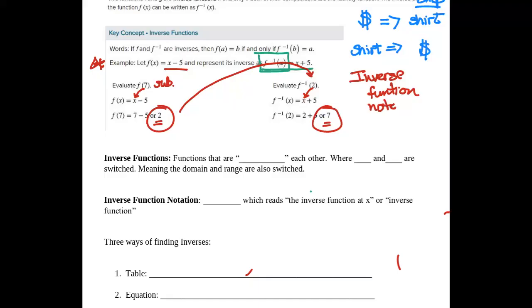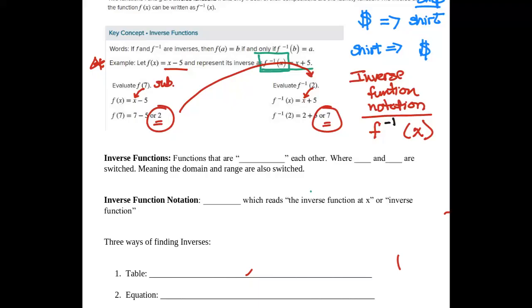So I want you to write down here, over to the right, the inverse function notation. Inverse function notation looks like this. You might have f of x here, and then if it's an inverse, you're going to have a little -1 in between those two, raised up just a little bit.